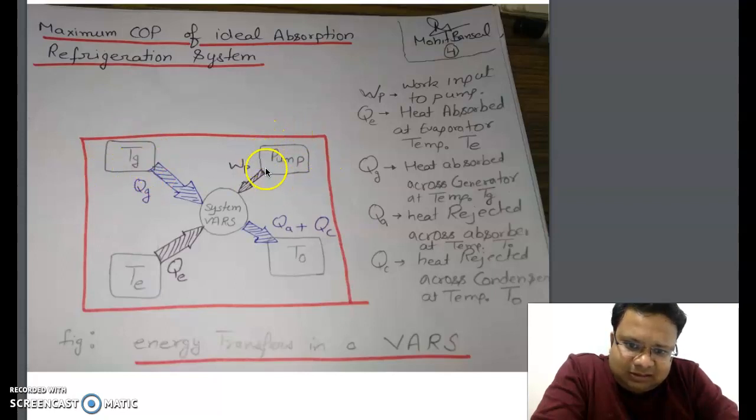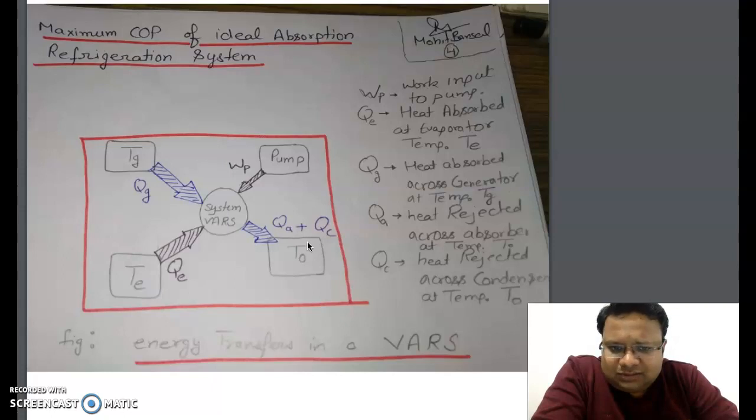We have a pump which is working continuously, represented by WP, the work input to the pump. Another is the evaporator, where heat is absorbed at the evaporator temperature TE. And another is TO, that is the ambient temperature.